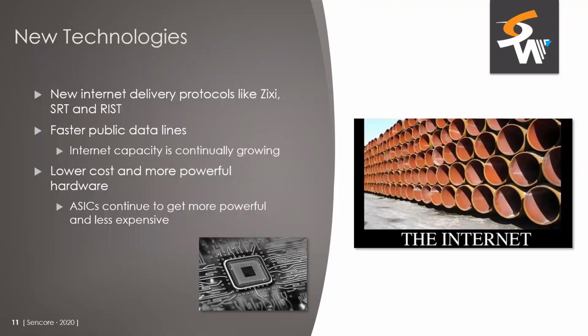The second thing is faster public data lines. Obviously, the internet keeps adding capacity on a daily basis. There are plenty of news stories about adding transatlantic capacity. There are constant upgrades, more fiber going in the ground, bigger and badder network equipment.